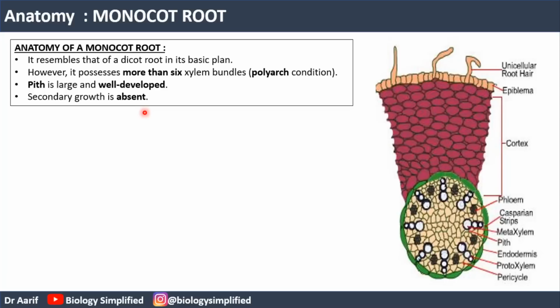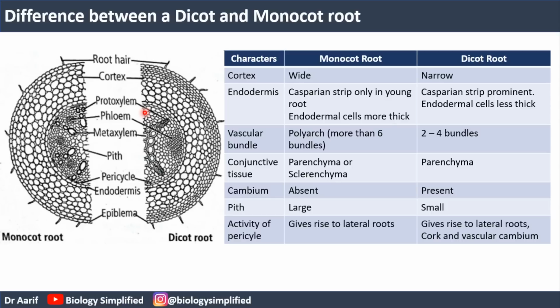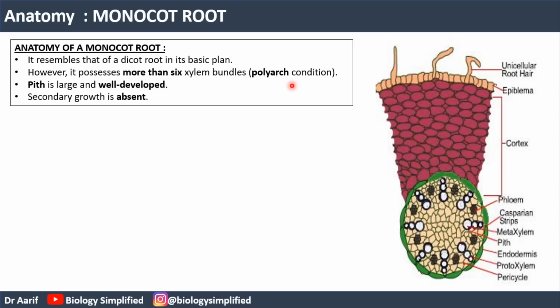As I said, we will try and bring some differences between them, right? So ये देखो, I have tried to bring 2 parts of the diagram and labeling also, so it's easier for you to understand. So the cortex in monocot, हाँ, I forgot to point that out to you. ये देखो cortex.